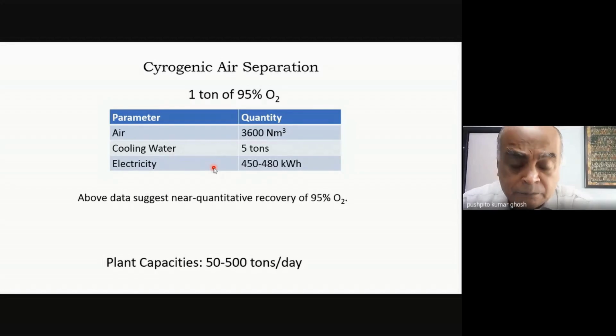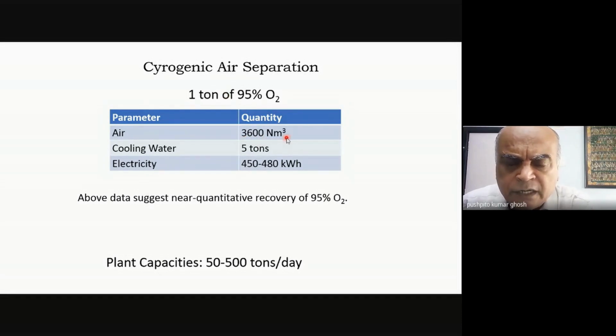But if I am recovering both oxygen and nitrogen, and I presume that's what this data is all about, it's just that 1 ton oxygen is shown as the basis. But you can see that the air requirement for 1 ton is 3600 normal meter cube.